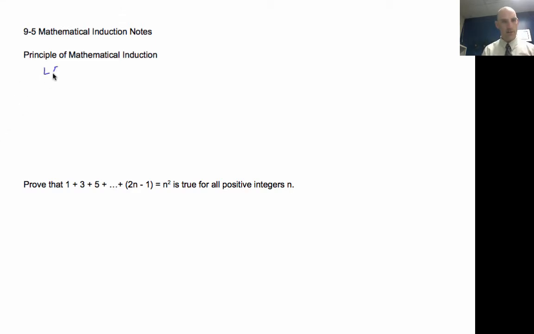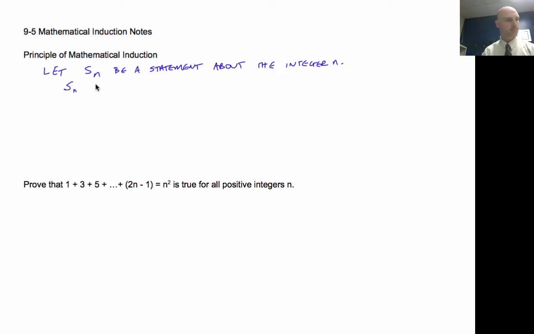We're going to let S sub n be a statement about the integer n. Okay, so this would be adding up all the odd numbers, or what is the sum of the first 55 numbers, whatever it is, doesn't matter.